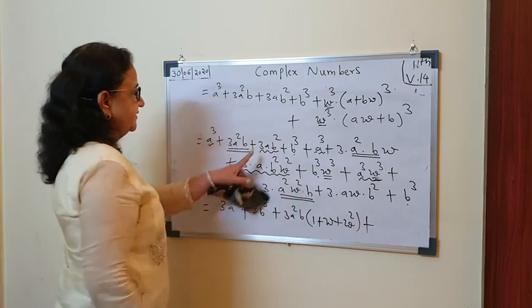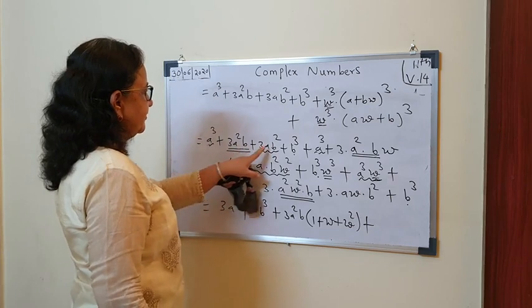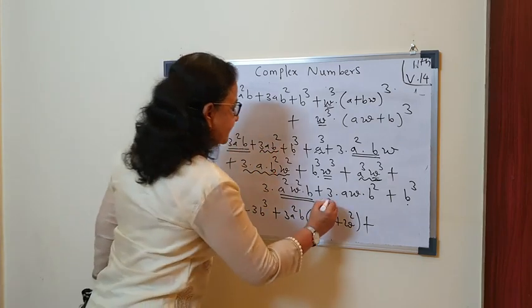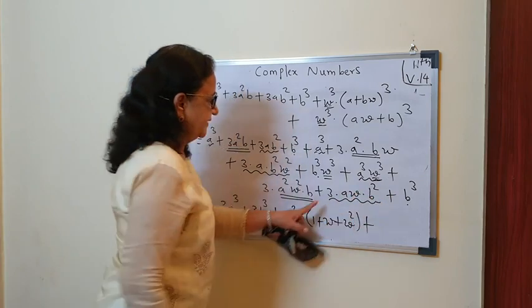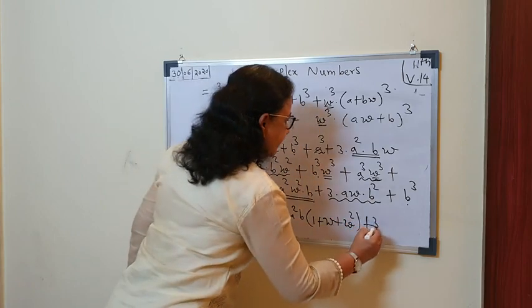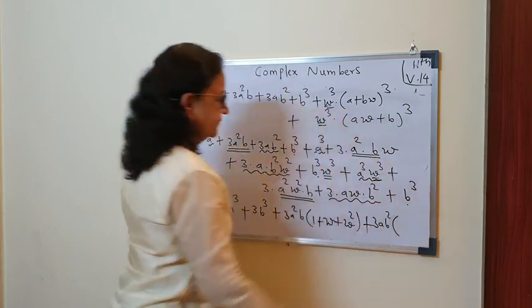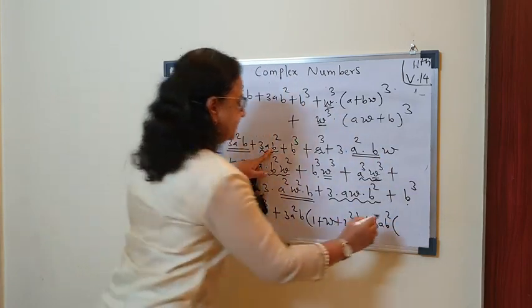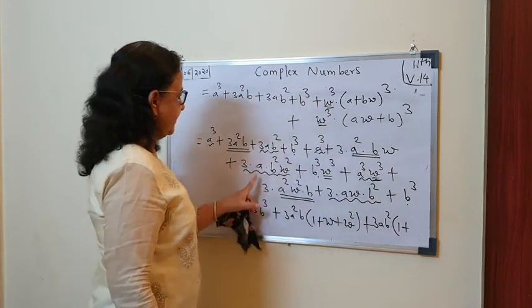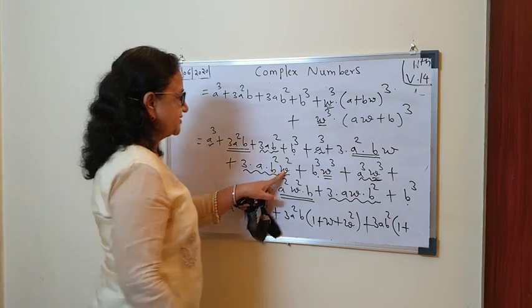Plus, finally, look at this term. 3ab square. Earlier it was a square b, now a into b square. a into b square. And here again 3ab square. So 3 terms, if I take 3ab square common, I get 1 here. So omega square remains.